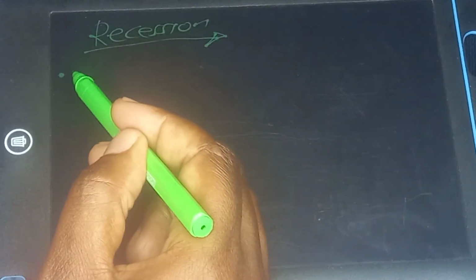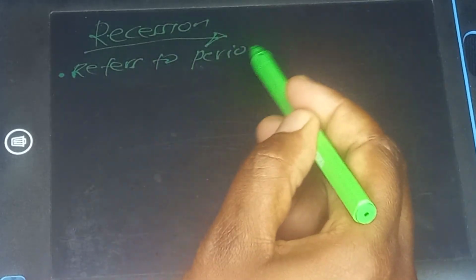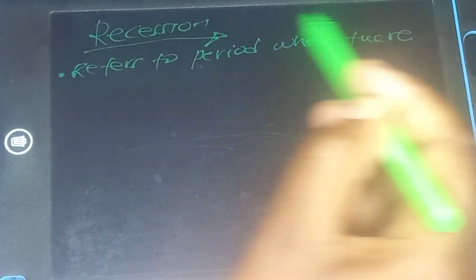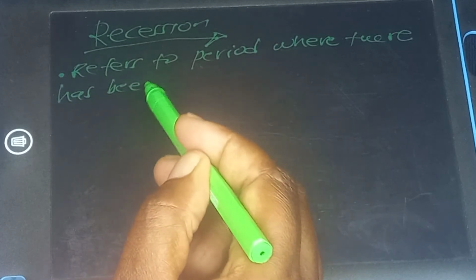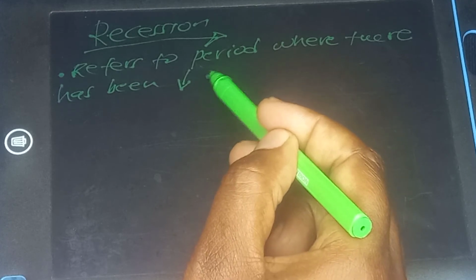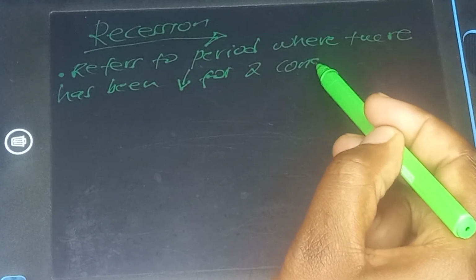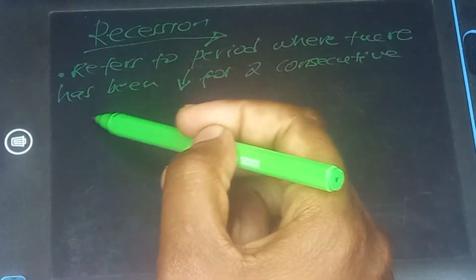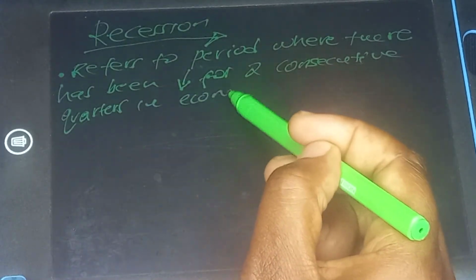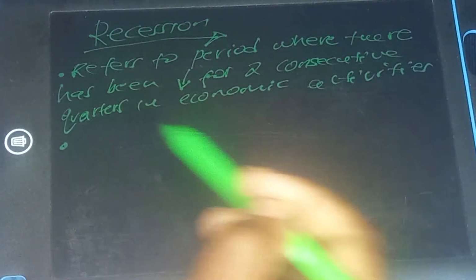Now, a recession refers to a period where there has been a decline for 2 consecutive quarters in economic activities. Explanation.